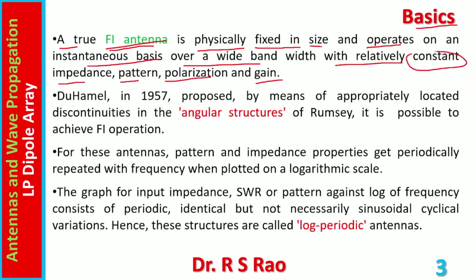So this constant is common to impedance, pattern, polarization, and gain. It remains the same. Duhamel in 1957 proposed that by means of appropriately located discontinuities in the angular structures of Rumsey, it is possible to achieve frequency independent operation.